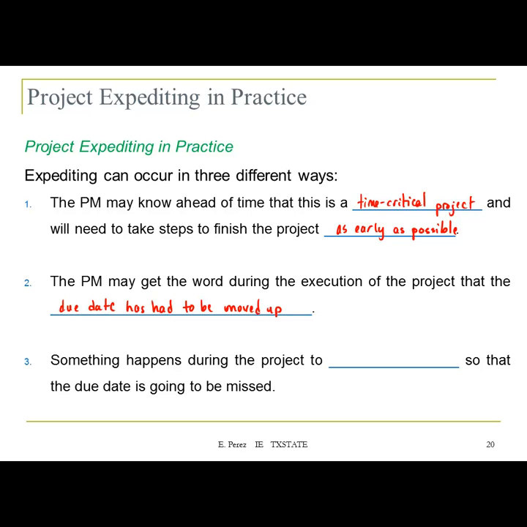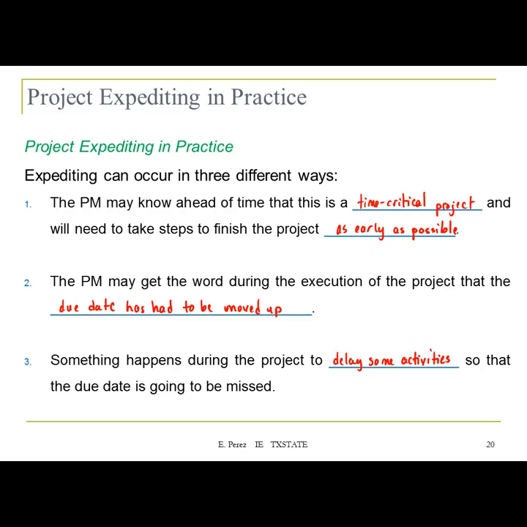And the third way is something happens during the project to delay some activities so that the due date is going to be missed.